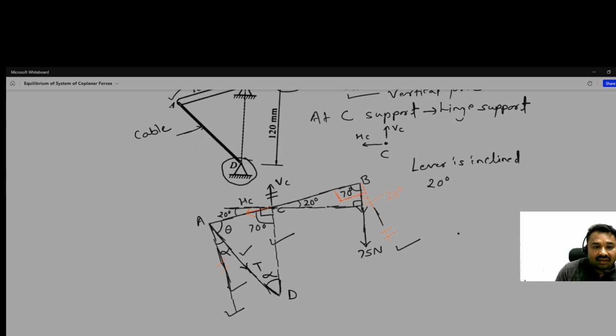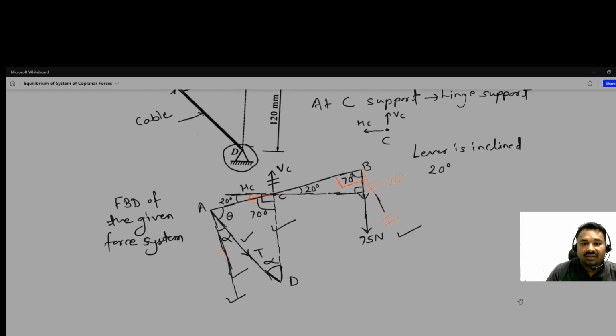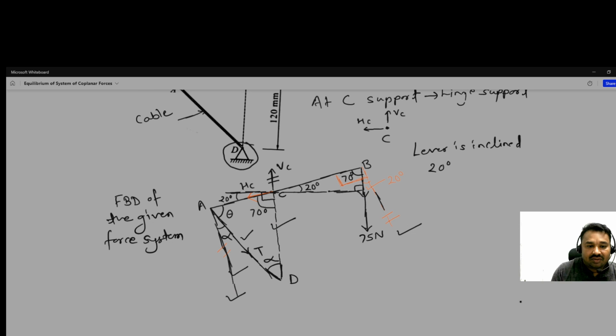So in this way, we have drawn the FBD of the given force system. Now, as per the question, we have to find out T, also HC and VC.